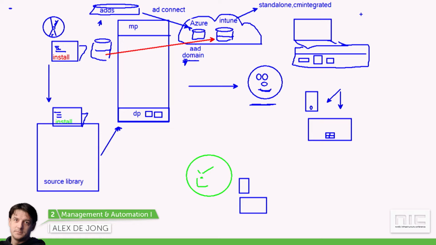Once you have set up your Azure AD synchronization and you have Config Manager running, you can create an Intune subscription, and the Intune subscription is going to use the Intune connector, or connection point, to connect to this database.